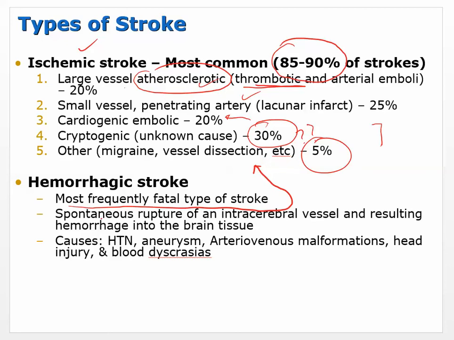However, hemorrhagic, spontaneous rupture of an intracerebral vessel resulting in hemorrhage into brain tissue. You wouldn't necessarily classify that as a broken aneurysm, but it is a spontaneous rupture, so it's similar.